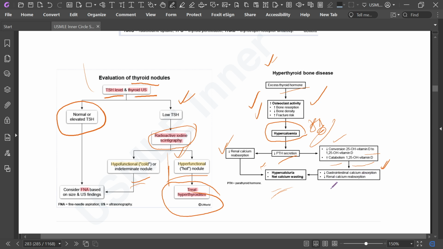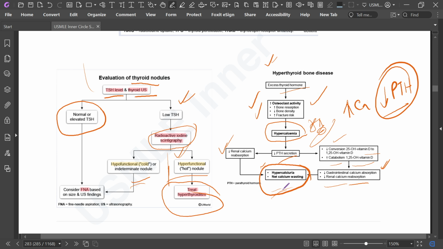Decreased GI calcium absorption and decreased renal calcium reabsorption will further cause hypercalciuria and net calcium wasting. So the main thing to remember is that when there is hypercalcemia, so high calcium, PTH is decreased, which increases the loss of calcium in the urine.